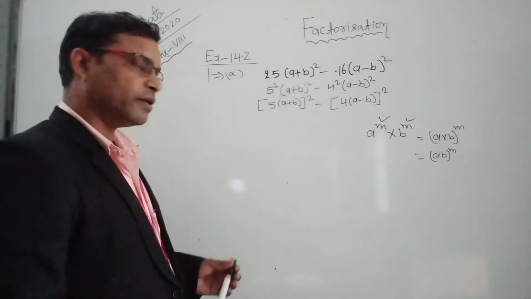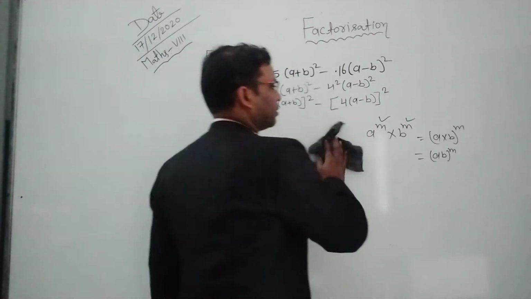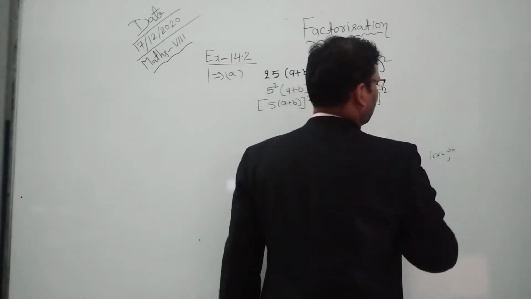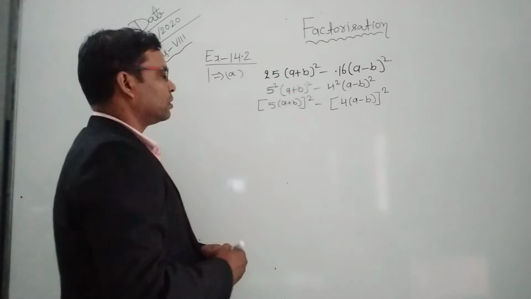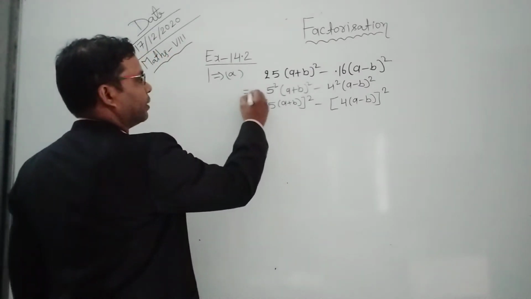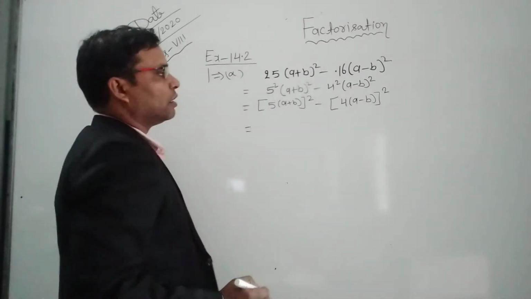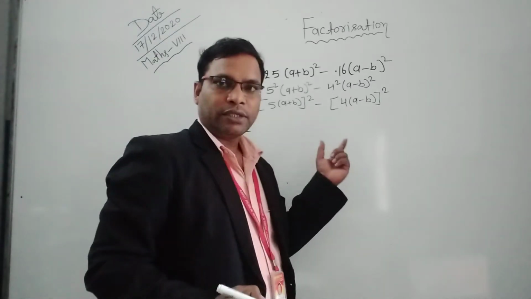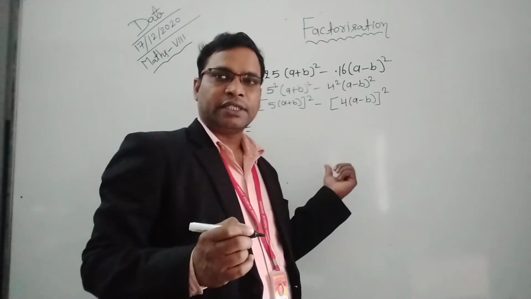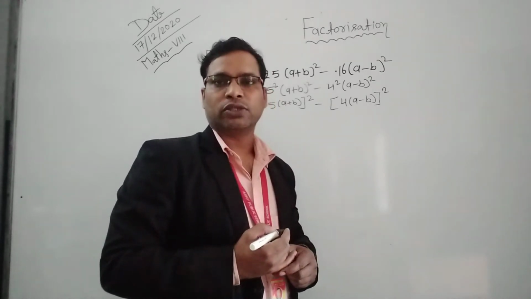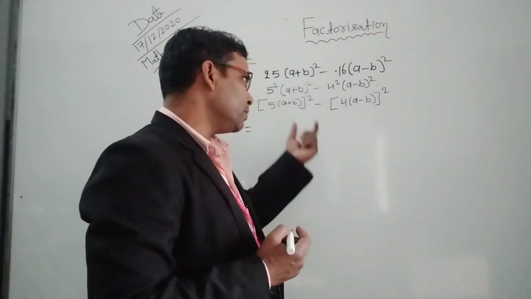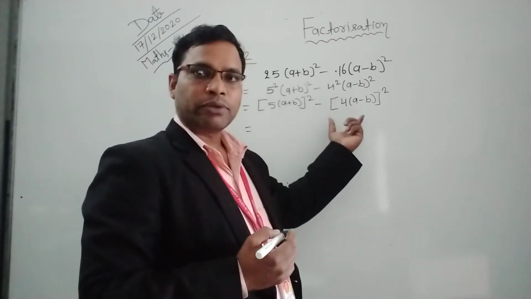This is clear? Now, here you can use the third identity. What is the third identity? We discussed here: x square minus y square is equal to x plus y into x minus y. It means that one time we sum and one time we subtract.